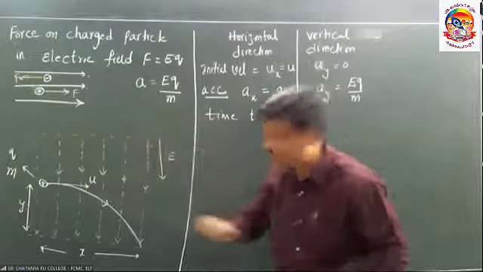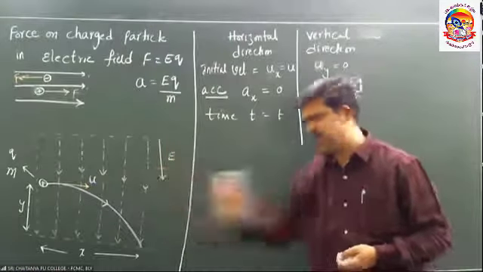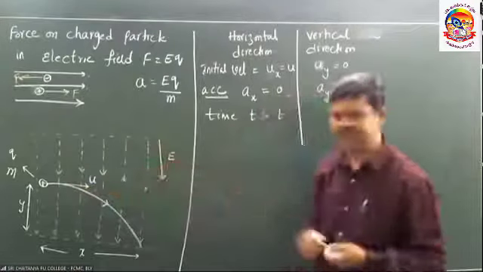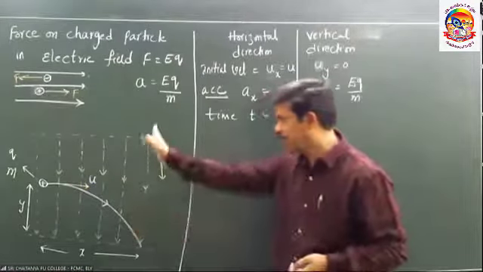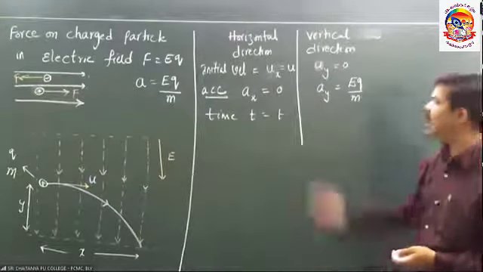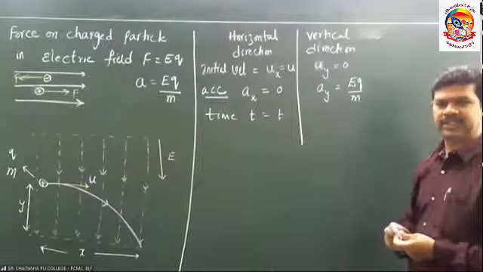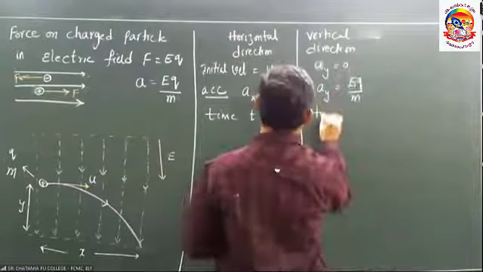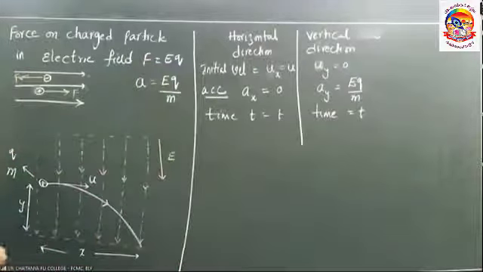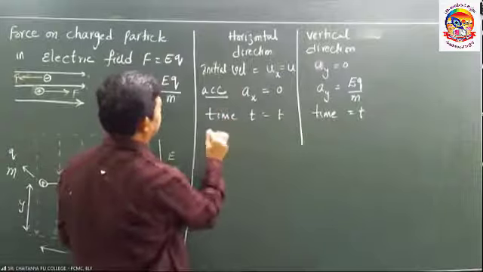Because the field is acting in the vertical direction, it has acceleration in the vertical direction. If the field acts in another direction, the acceleration may be in that direction. But in this particular example, field is acting in this direction, so the charged particle experiences the acceleration in the vertical direction, right? Time t. Well, let us see. What is its displacement?